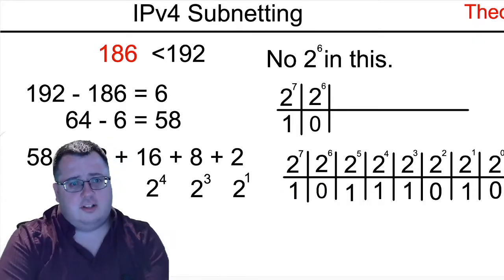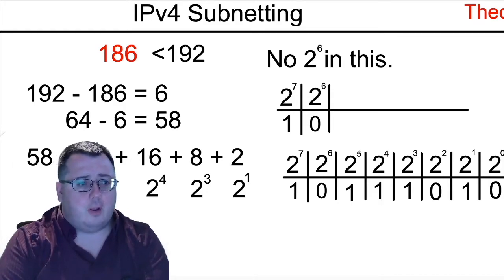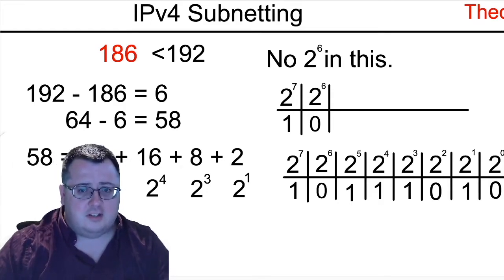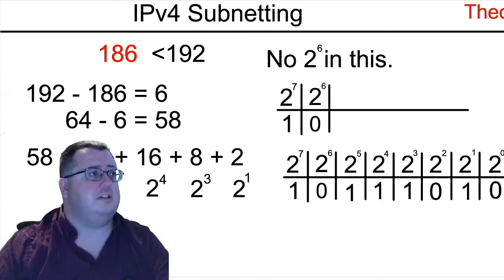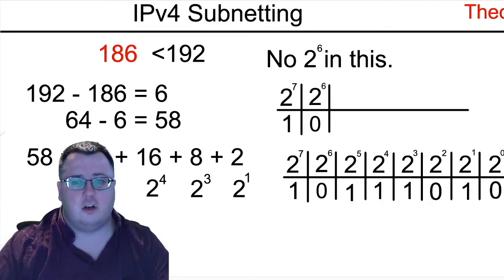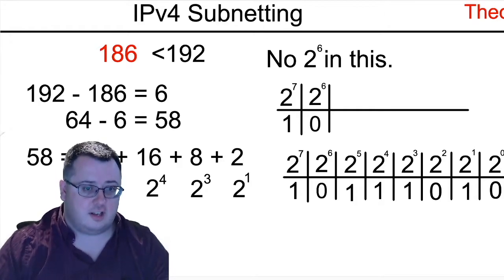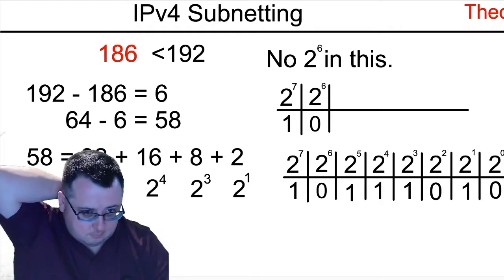Okay. So let's have a look at an example. 186. 186 is less than 192, so there's going to be no 2 to the power 6 in this. So you will have 128 because 128 is less than 186. But I can't squeeze another 64 into 186.